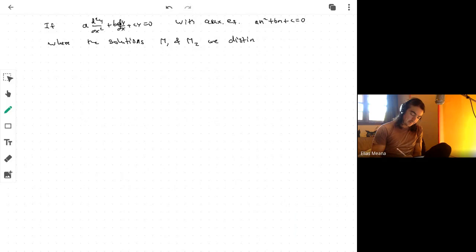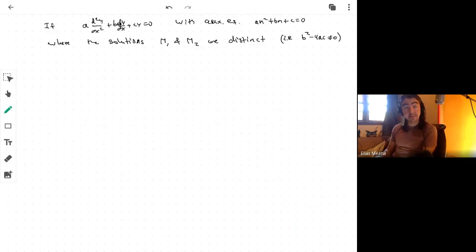This means, i.e., b squared minus 4ac is not 0. This could mean positive or negative, but it's not equal to 0.